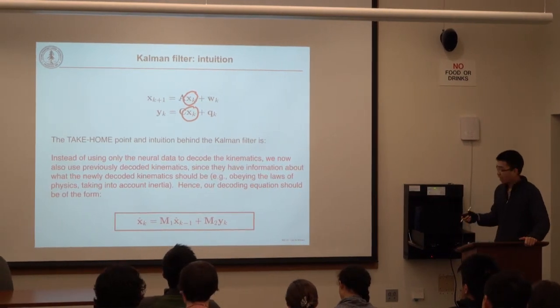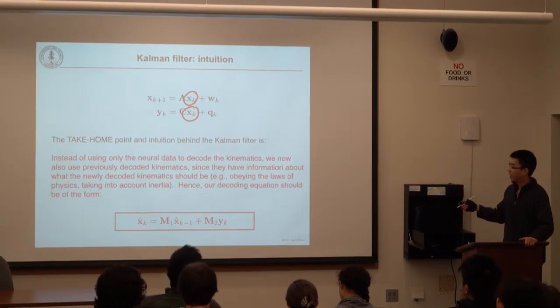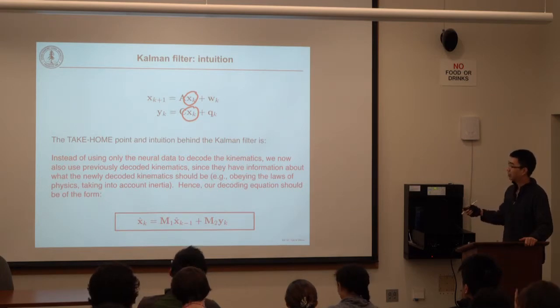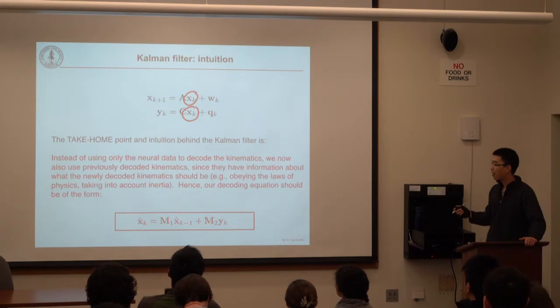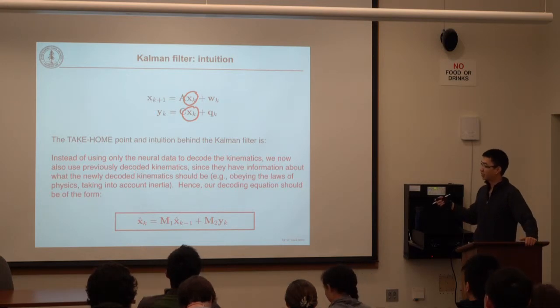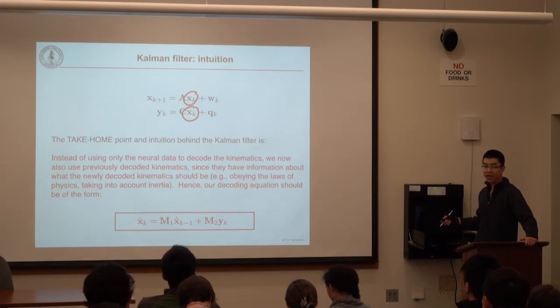And so instead of using only the neural data to decode kinematics, i.e. this equation right here, we said that now, because the previously decoded kinematics, xk, contain information about the next kinematics, xk plus 1, then we should take this into account. And it turns out that our decoding equation will now be of the form x hat k equals m1 times xk minus 1. This is the information from your previously decoded kinematics, plus some information from your neural data. And that's just m2 times yk. All right?